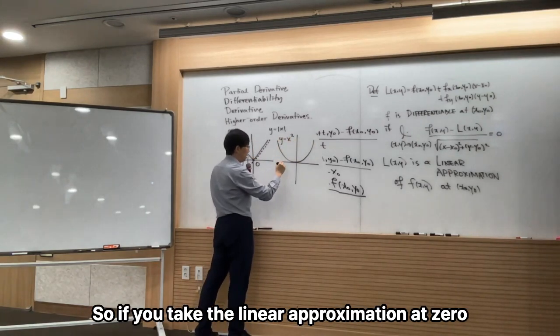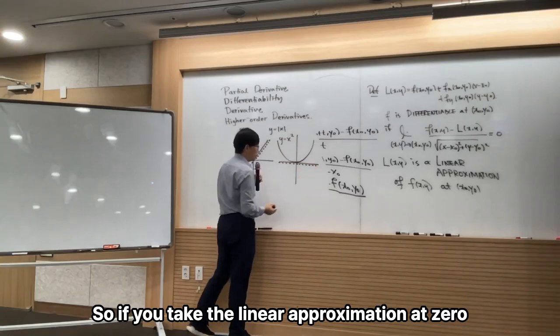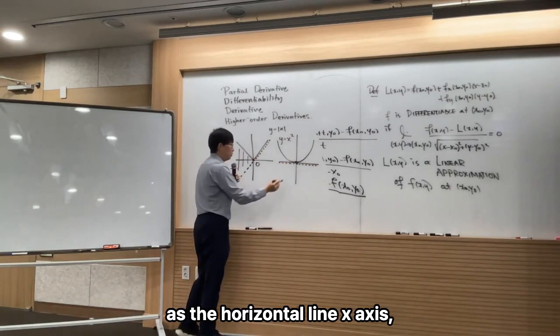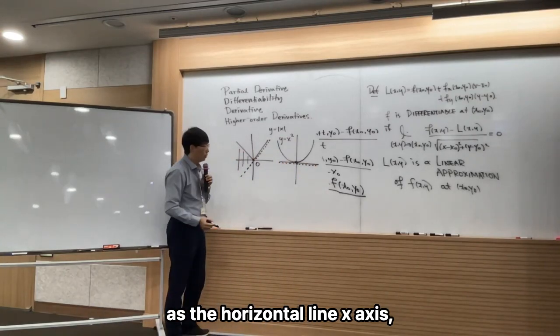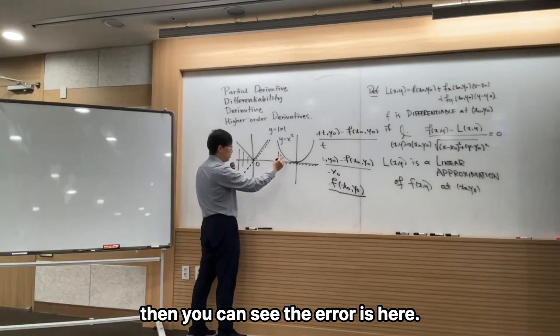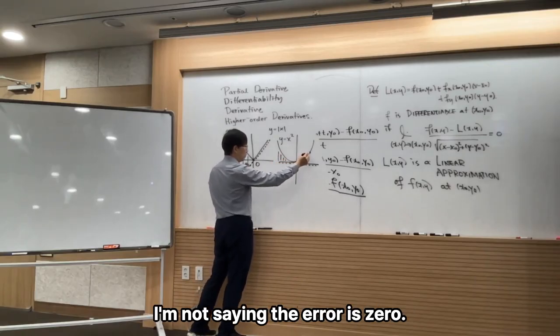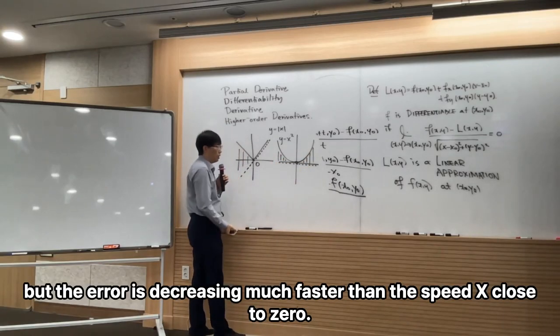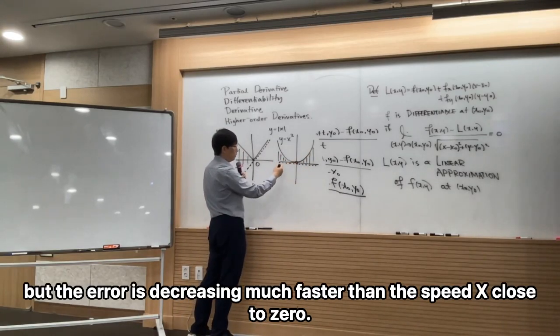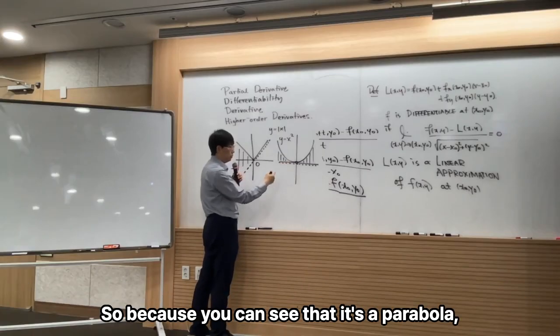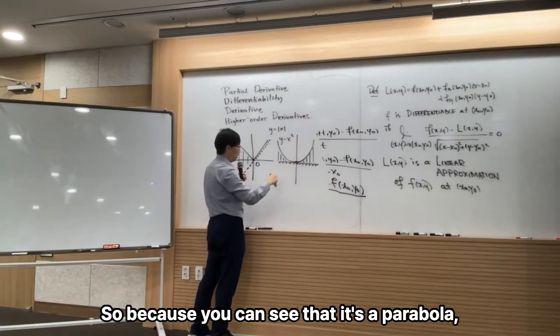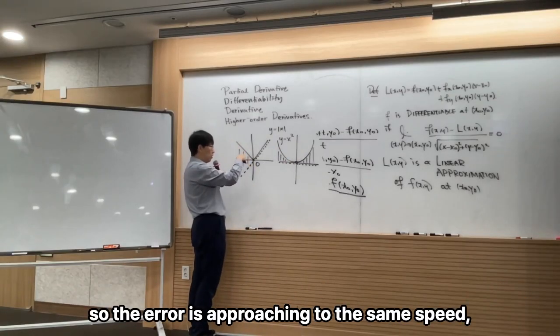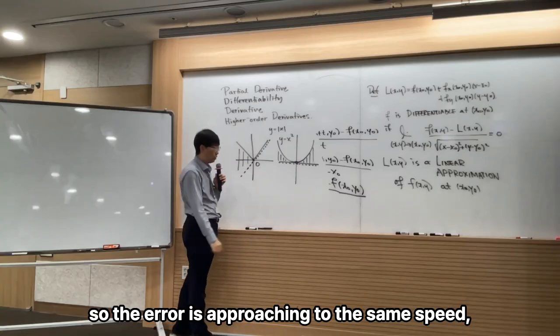If you take the linear approximation at 0 as the horizontal line, the x-axis, then you can see the error is here. I'm not saying the error is 0. The error must be there, but the error is decreasing much faster than the speed x goes to 0, because you can see that it's a parabola. But here it's linear, so the error is approaching at the same speed.